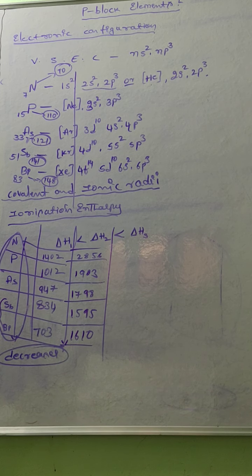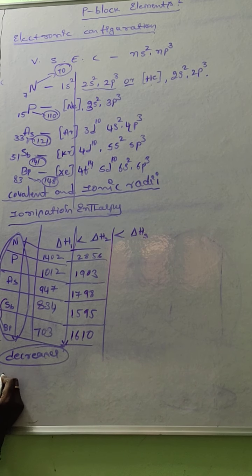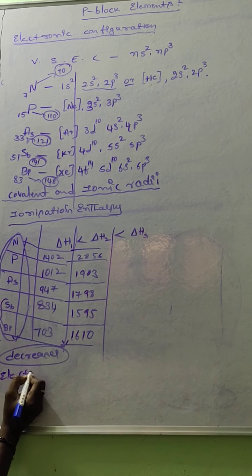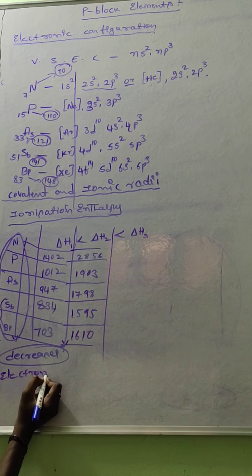About the properties of the 15th group elements, the next one is electronegativity. We already know the definition of electronegativity.